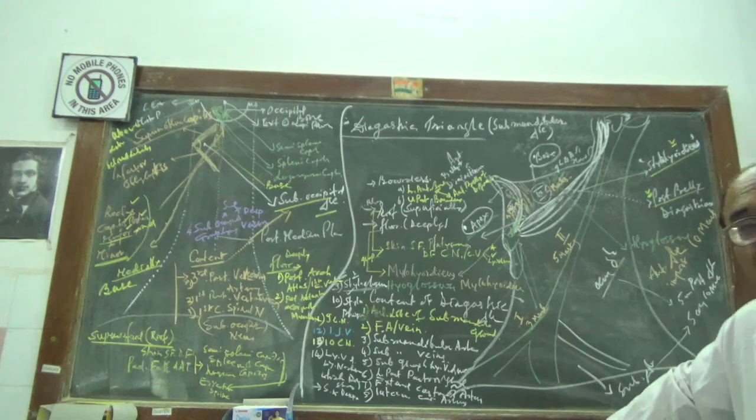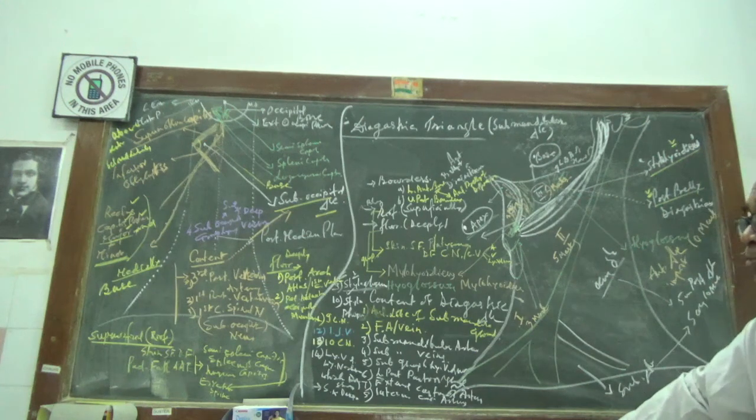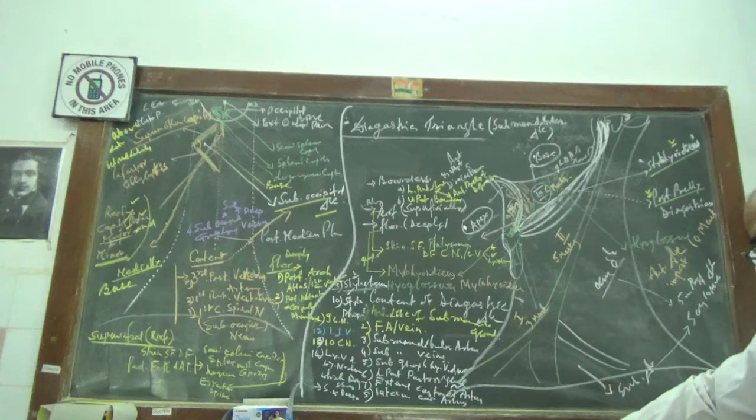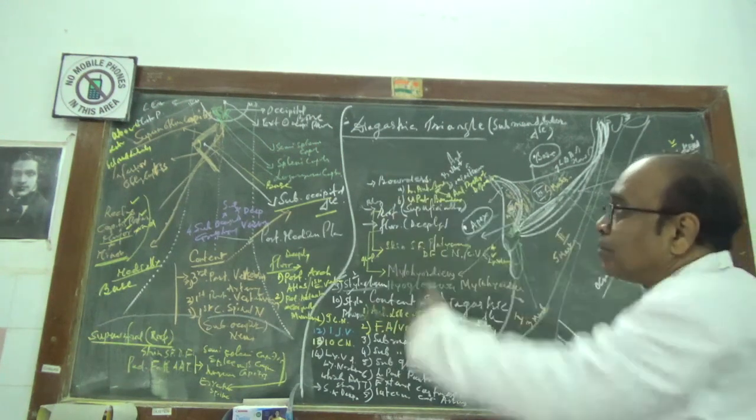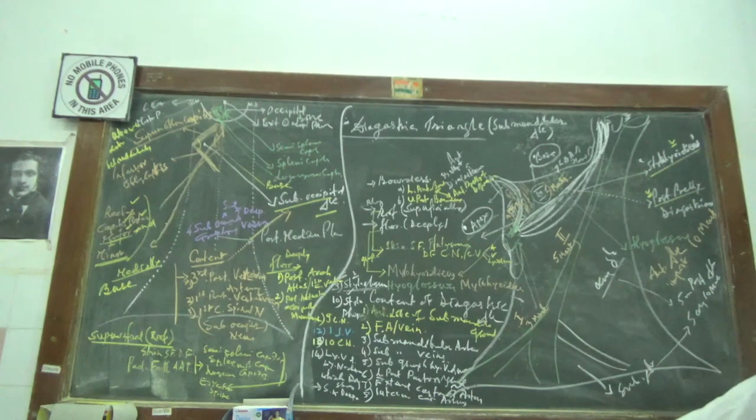You have to pierce the atlanto-occipital membrane, that is the floor, and take the cerebrospinal fluid and send it for examination, physical, chemical, as well as histopathological. So this triangle is very important. It appears very small, but it is important.